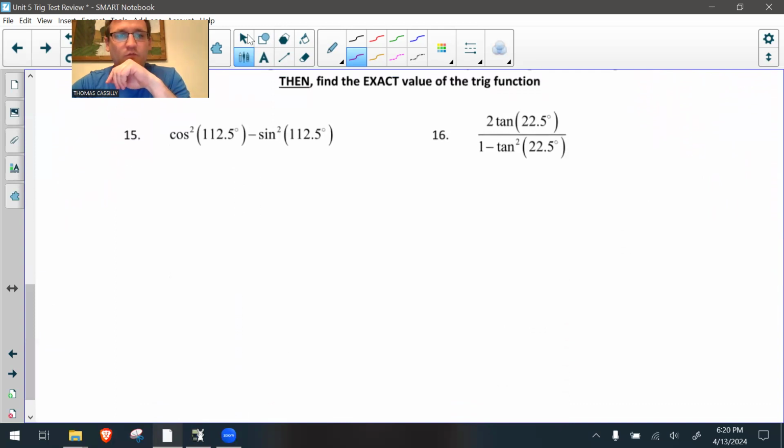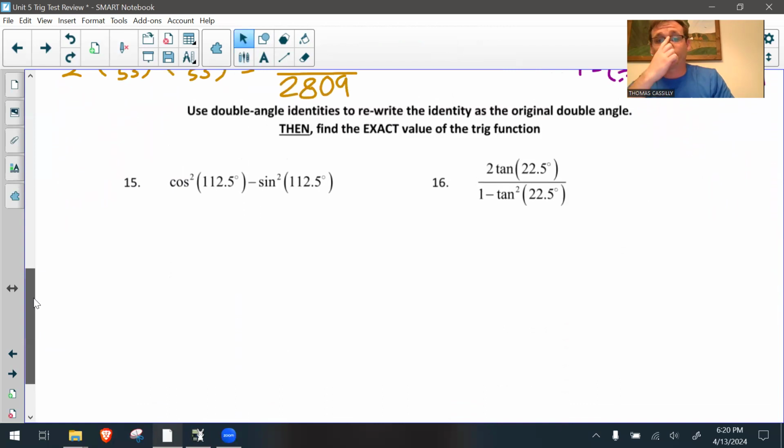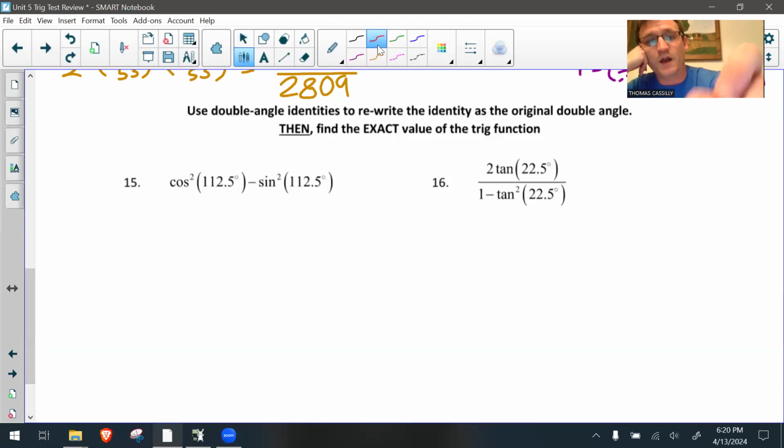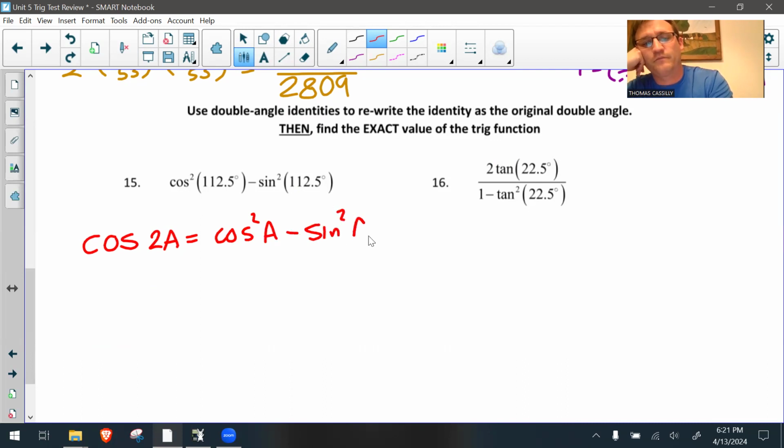15 and 16 here, we'll do these in this video. I don't think these should take long. On these problems, use the double identities to rewrite the identity as an original double angle and then find the exact value. So what we have to do is keep in mind, this is the cosine. The cosine of 2a equals the cosine squared of a minus the sine squared of a.